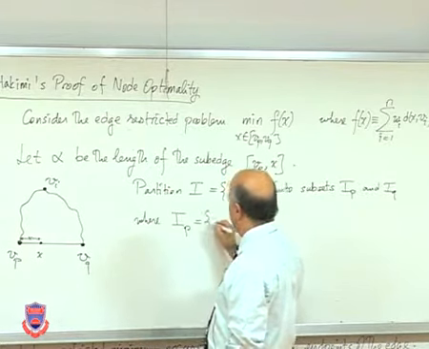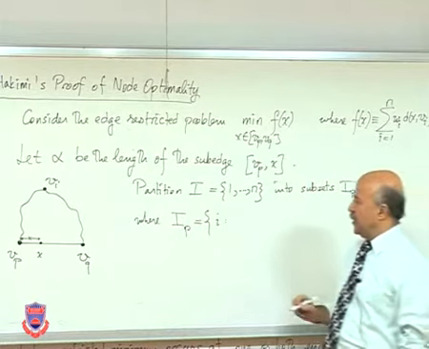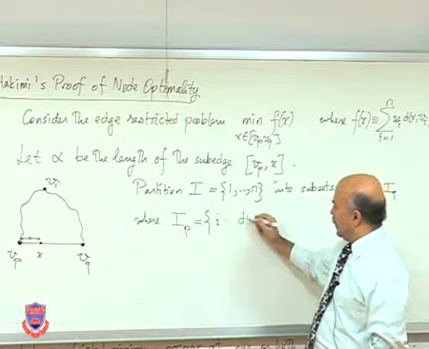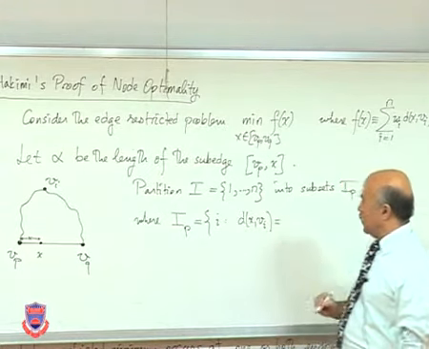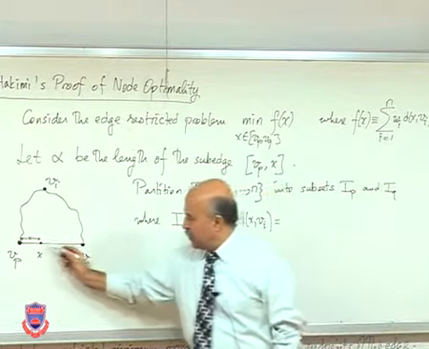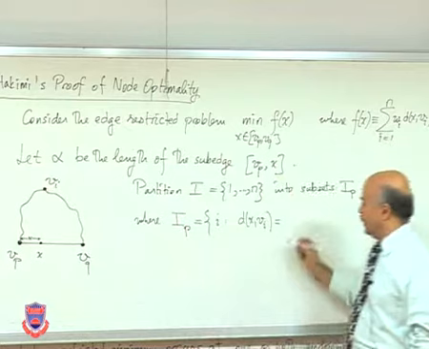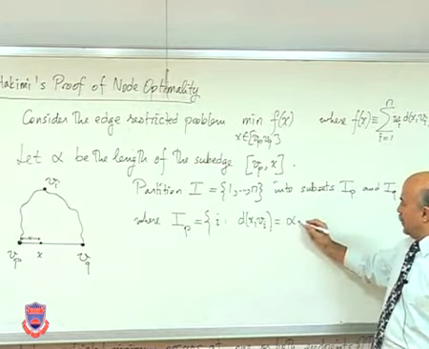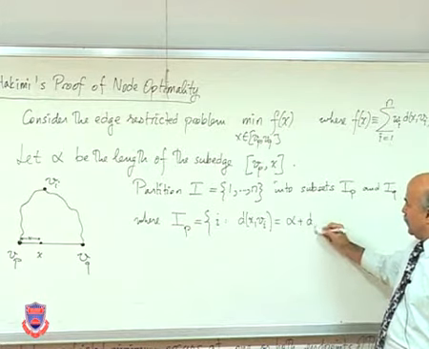IP consists of those vertex indices i such that the distance between x and vi is realized by the path going from x to vp and then to vi. So we're talking about this distance being defined by alpha plus the distance from p to i.